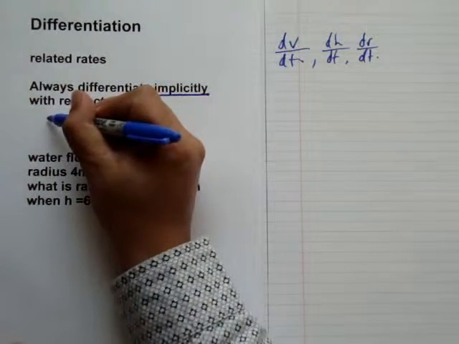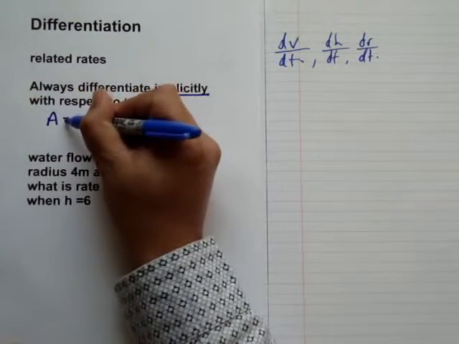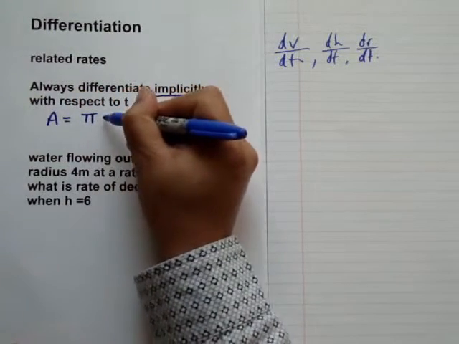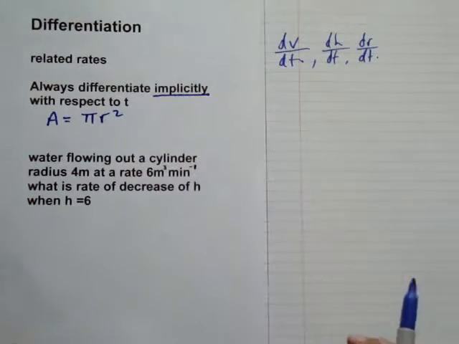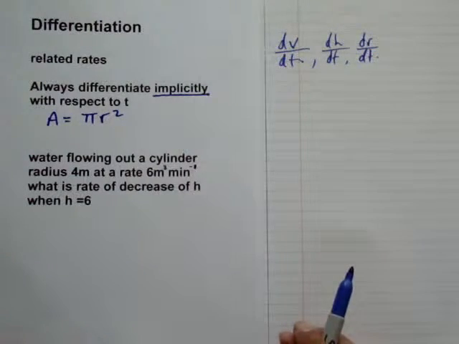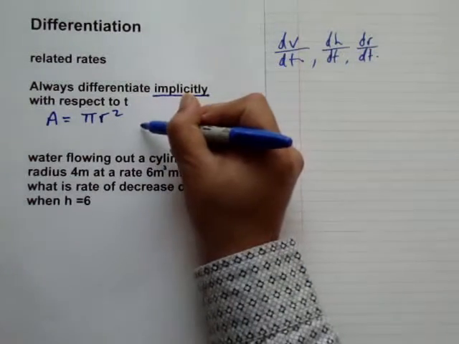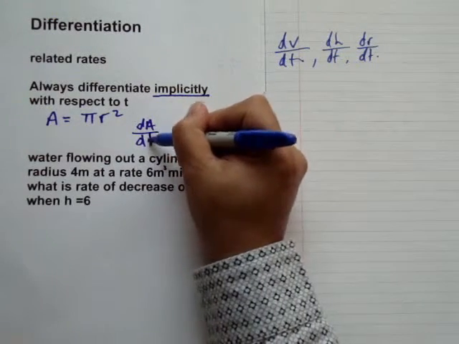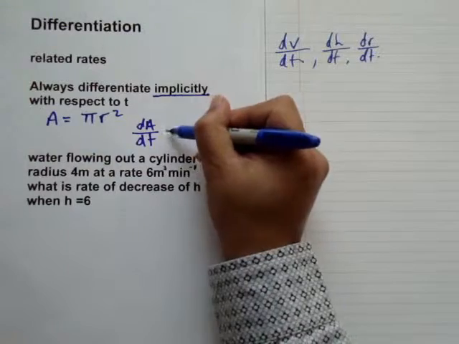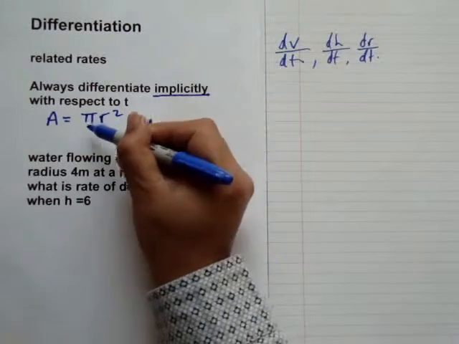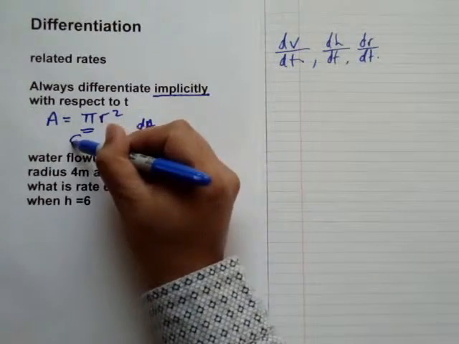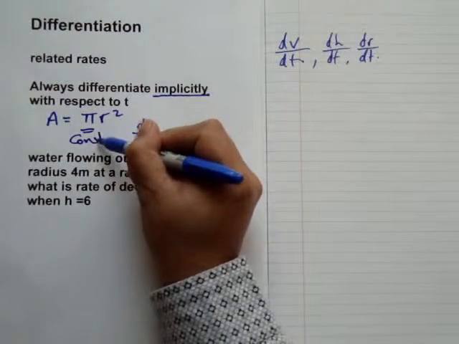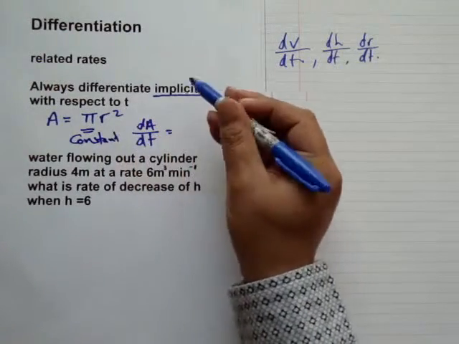Say the area of a circle is given by pi r squared. So when we're differentiating dA by dt, we get pi is a constant, so that remains where it is.